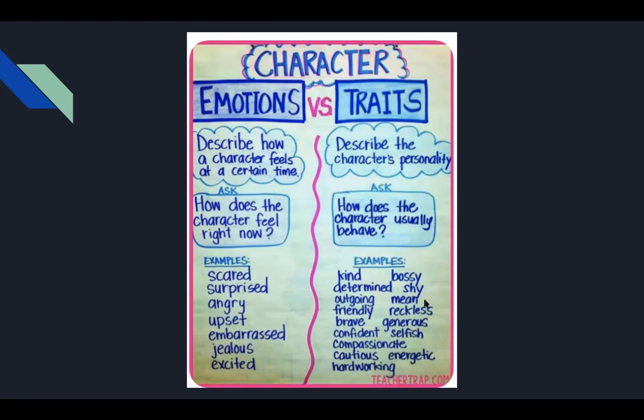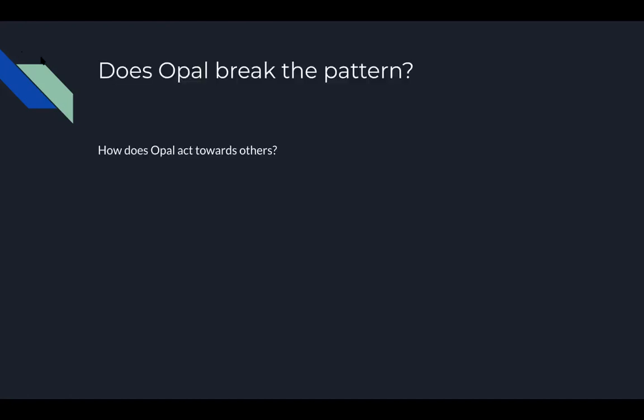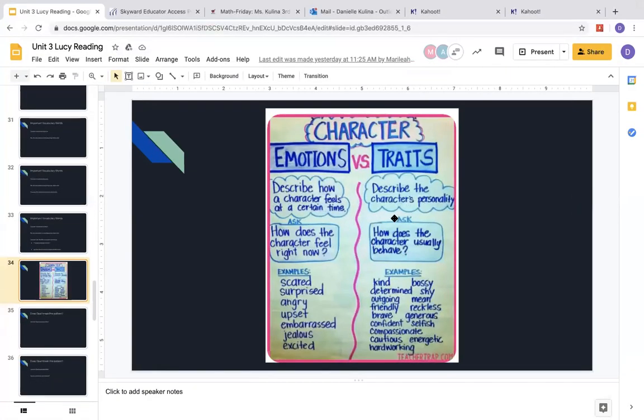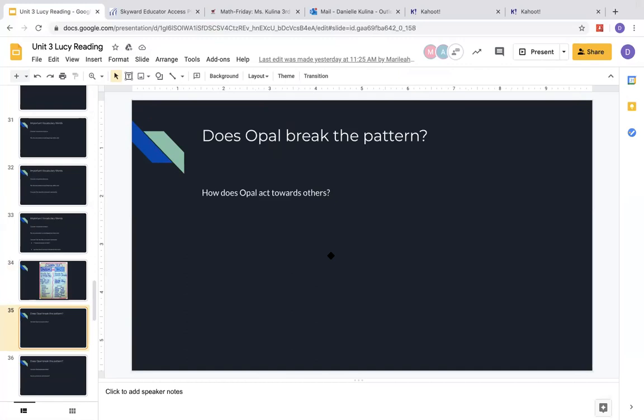They kind of mean the same thing. And we ask ourselves, how does the character usually behave? We have seen in several chapters throughout this book that Opal has been kind-hearted. She's done things for people, done things for the dogs. So we know that this is a trait because she's constantly showing us again and again how she's being kind-hearted.